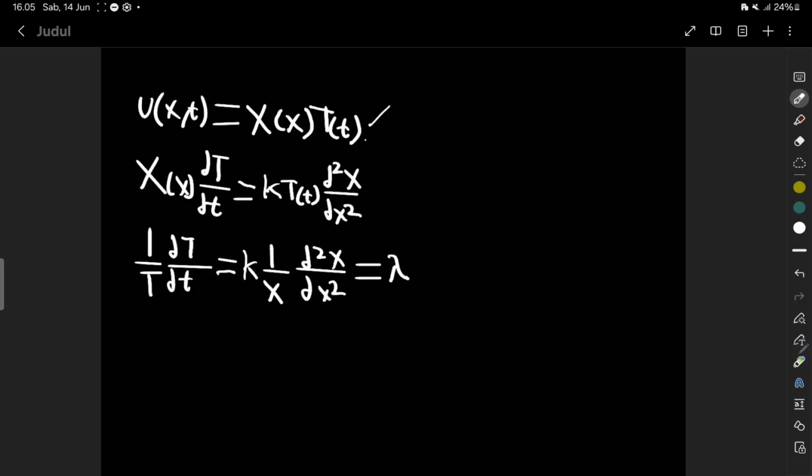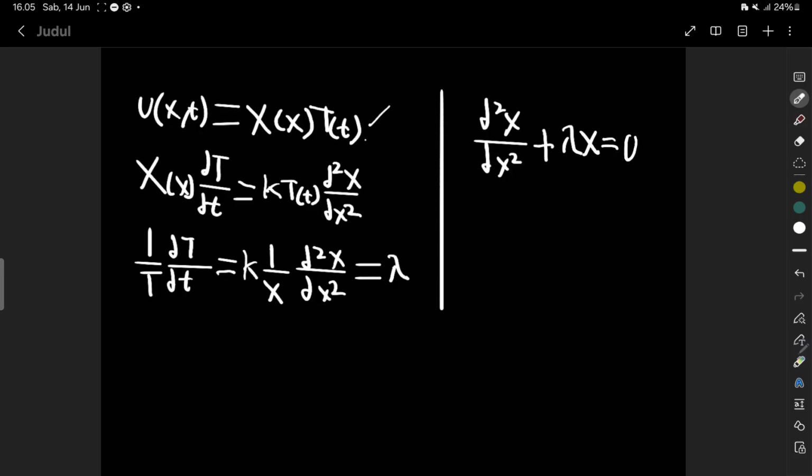After that, we're going to solve the spatial ODE. Now the spatial equation becomes d squared X divided by dx squared plus lambda times X equals 0.